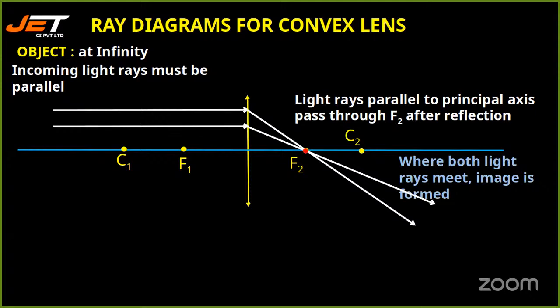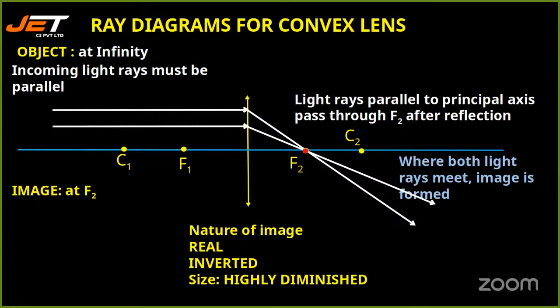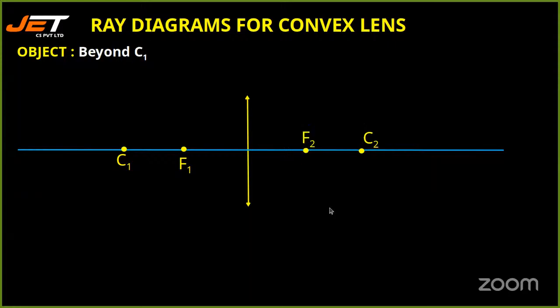So the image will be at F2, the nature of the image will be real and inverted, and the size of the image will be highly diminished. The image is real, inverted, and highly diminished.